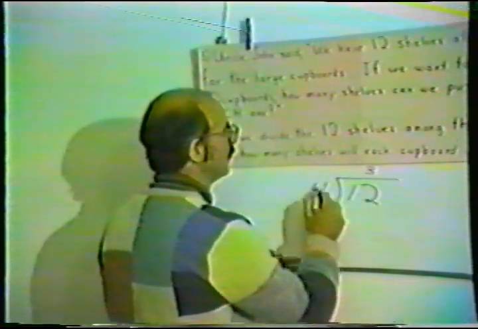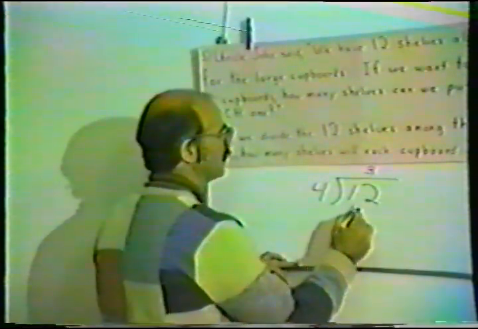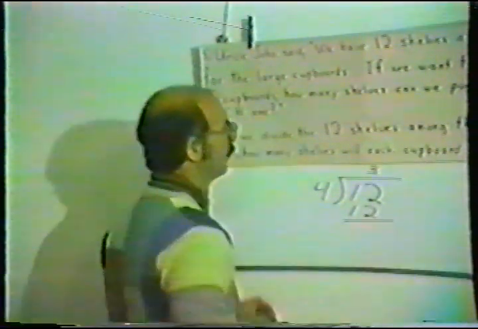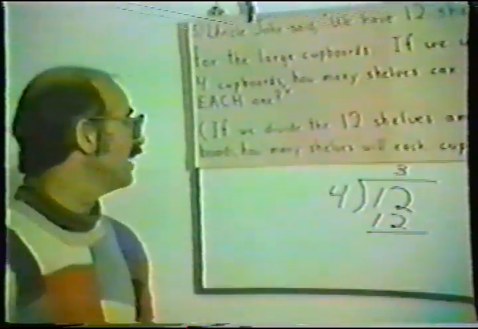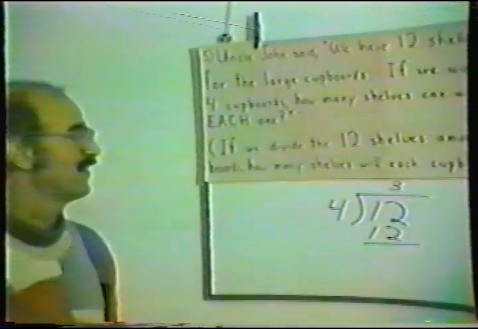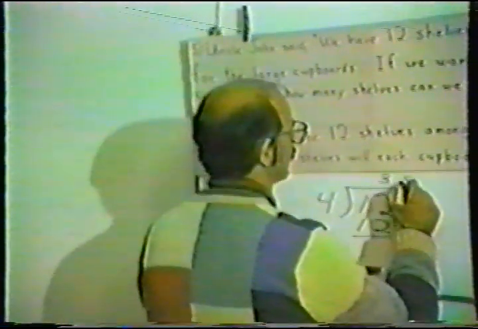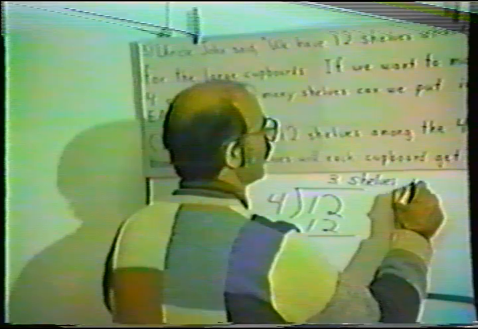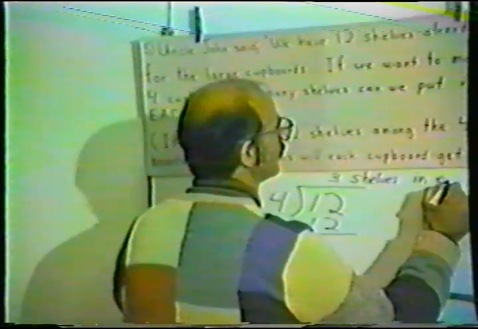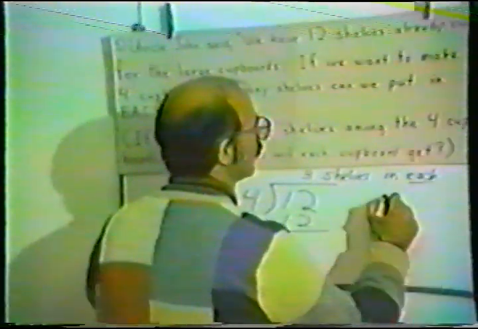Because 3 times 4 is 12. So, the answer is 3. 3 what? 3 shelves. And we could say 3 shelves in each cupboard.